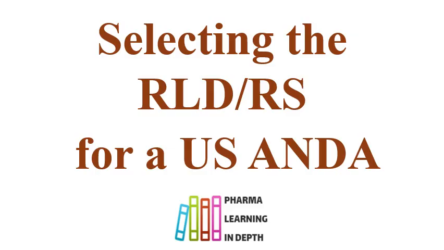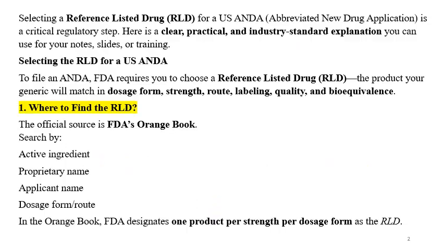I welcome all the viewers to this topic on selecting the reference formulation for US ANDA. Selecting the RLD is very much important, as the RLD is used for referencing the generic formulation. Generic formulation is developed in line with the reference formulation.